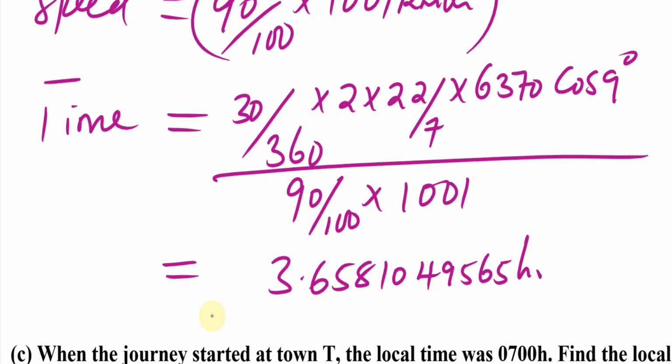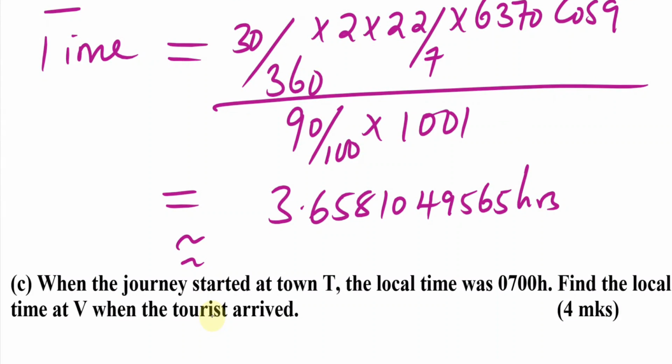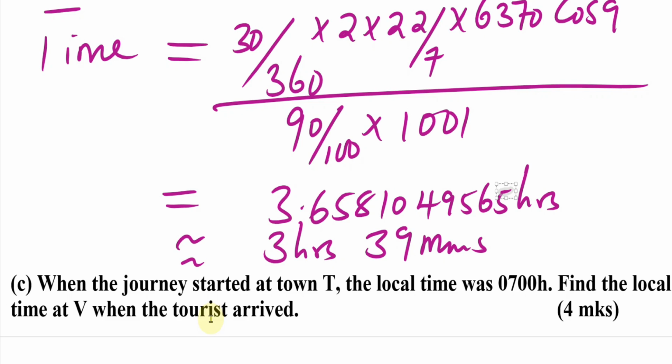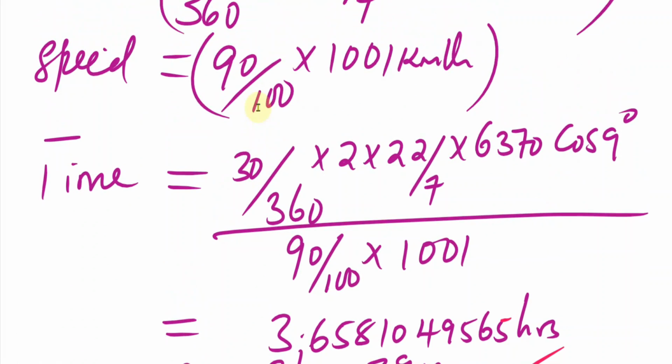This is approximately 3 hours. It will give 3 hours and 39 minutes. So that is the overall time taken by the second aircraft. So we began by getting the distance and then dividing by the speed.